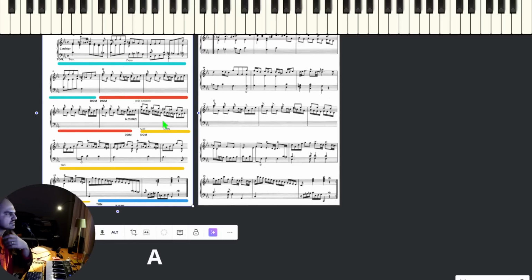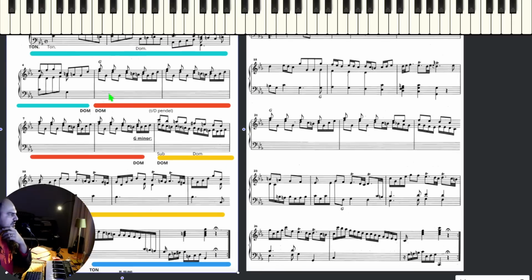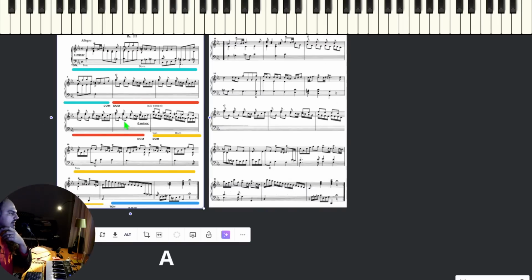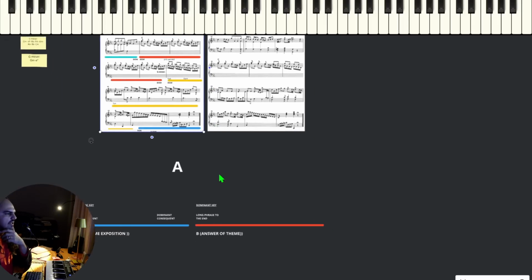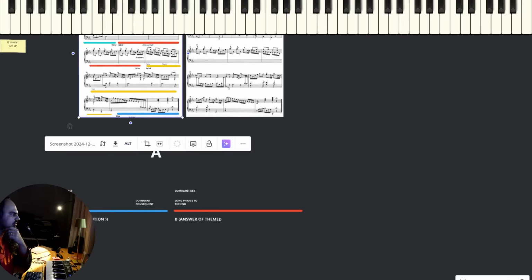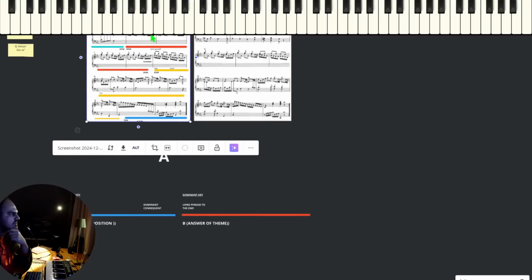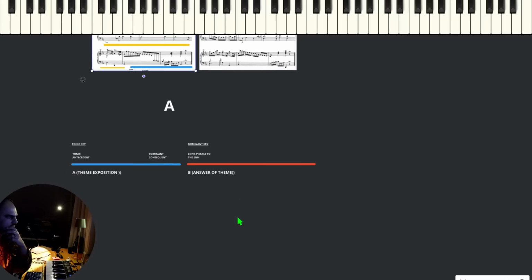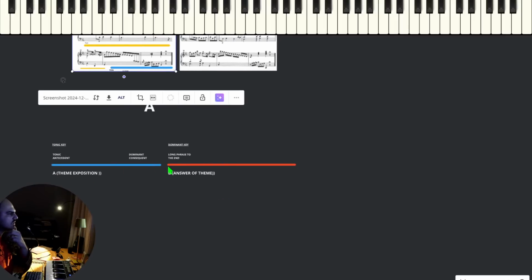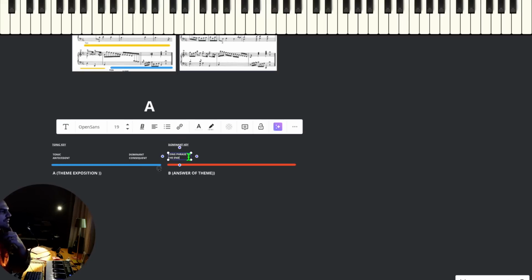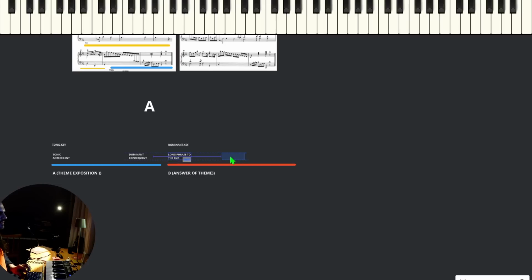But this is a very old conflict between drawing on the score and having a kind of graphics outside of the score. I like to keep the eyes on the score. So long phrase to the end, then conclusion.